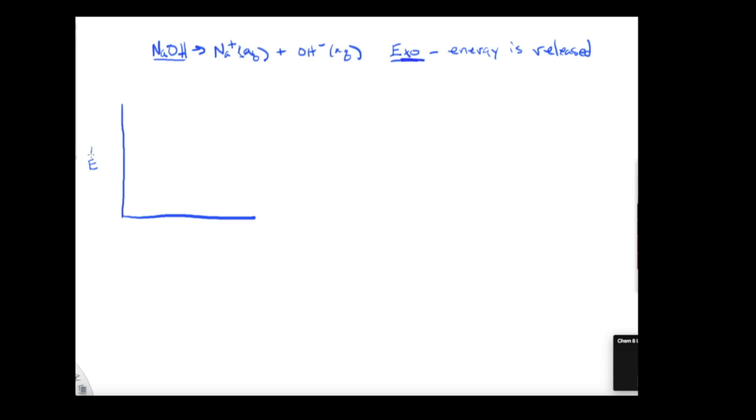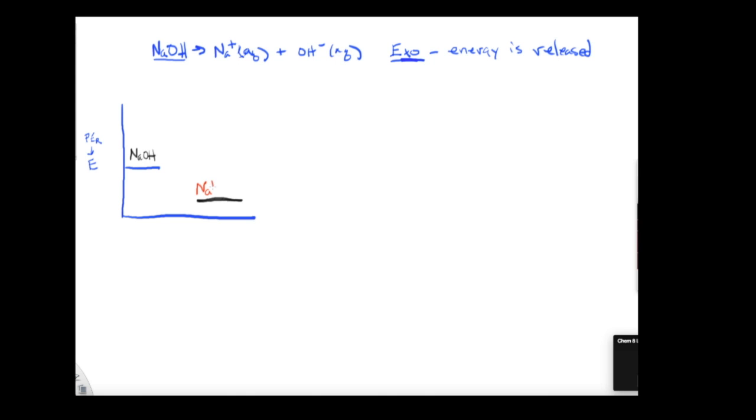We could call this potential energy of the reactants, if you want. All right, and I'm just going to draw a line somewhere, and this is going to be the NaOH here. At the end of the reaction, we're going to have a new platform for the two products, but it has to be lower than the NaOH because energy's been released.